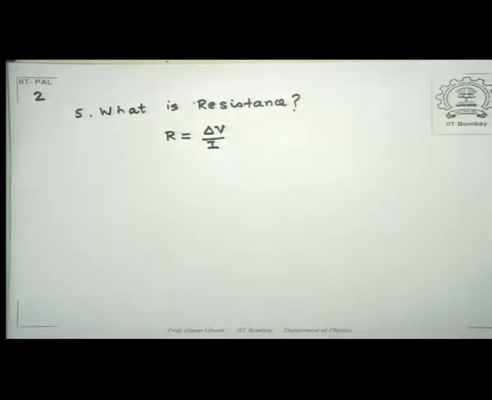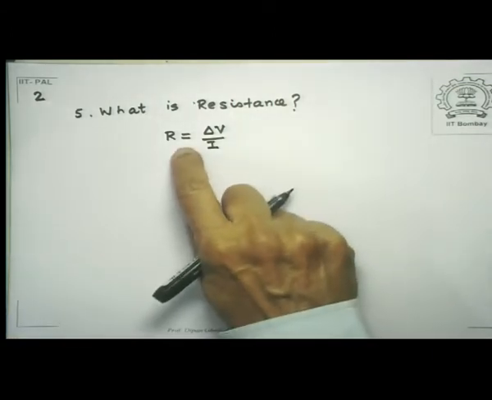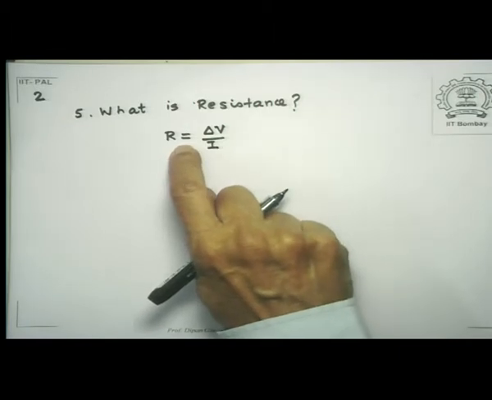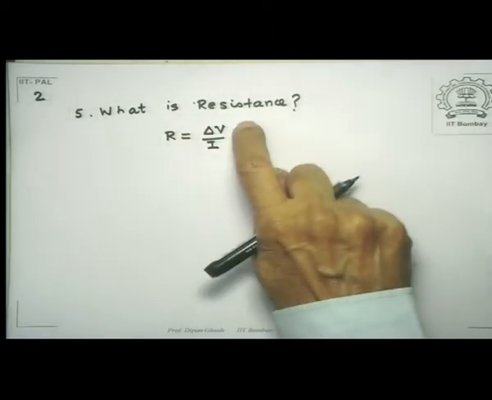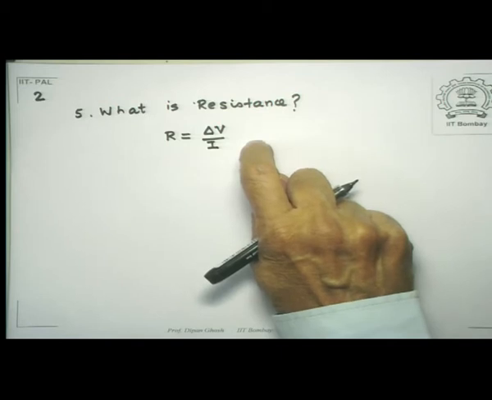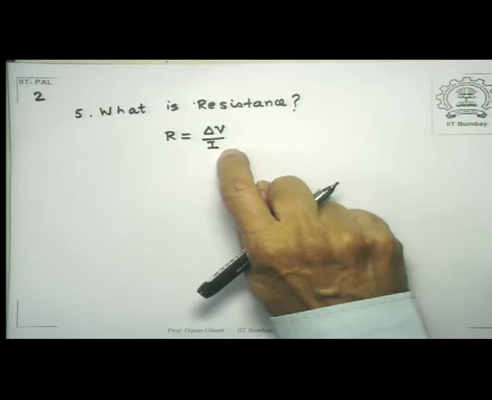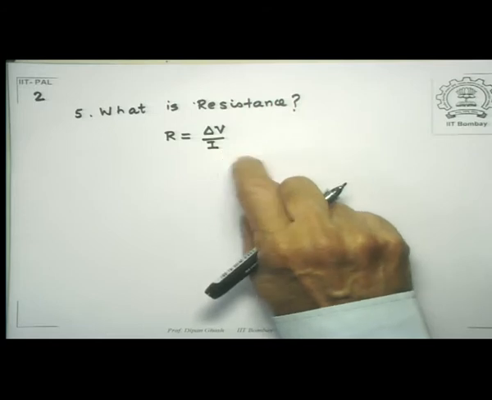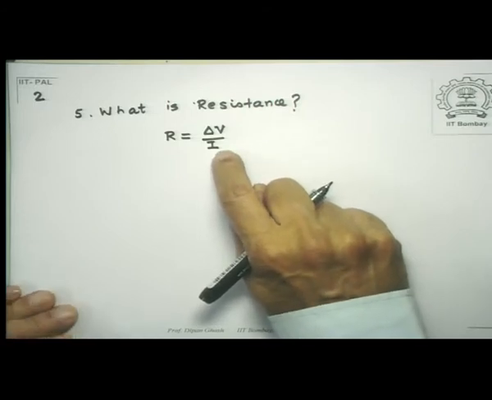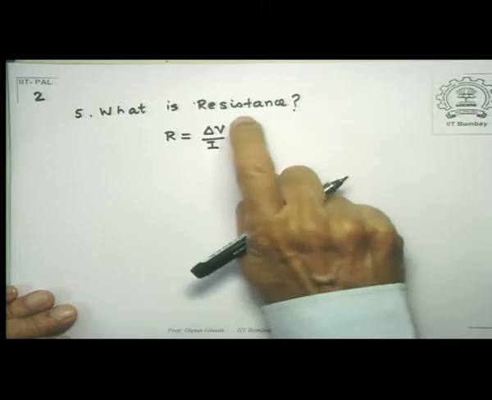So in other words, resistance is defined as the potential difference that must be applied across 2 points of a resistance in order to get a unit current. And of course, we know the unit of current is ampere, and this is volt.